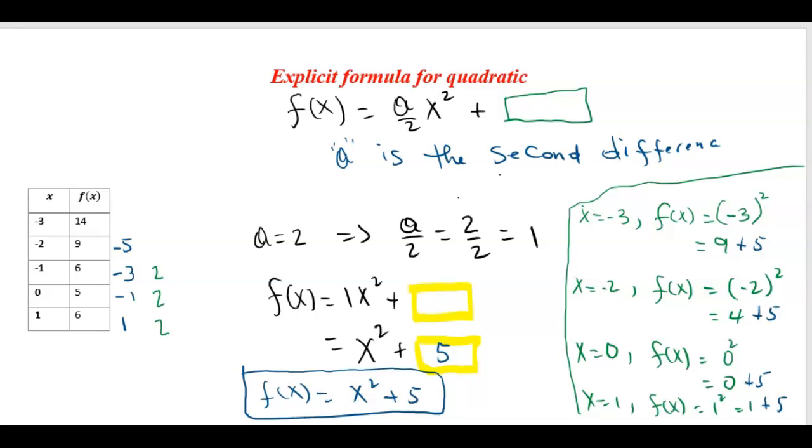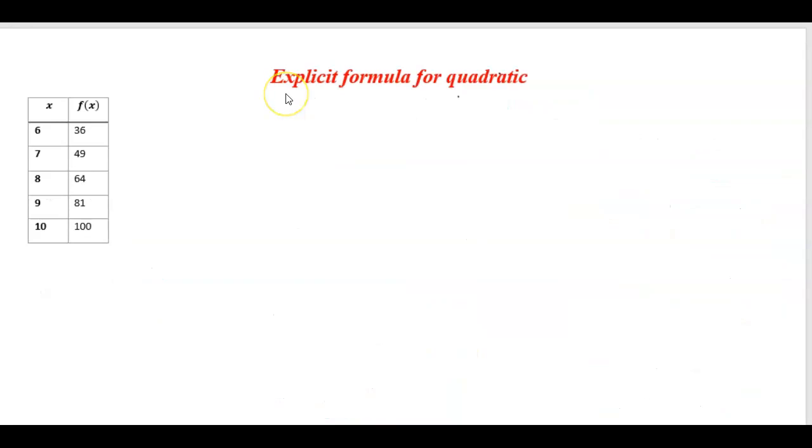We're going to do one more example and we'll be done with that one. Here is another example. The first thing is to check to see if that table represents a quadratic function. To do that, we start with 36 to 49. 49 minus 36 is 13.